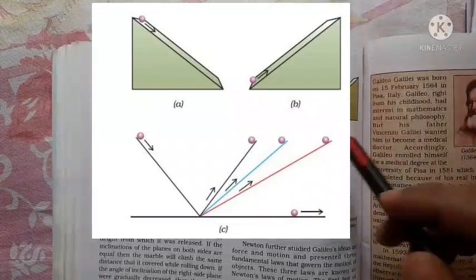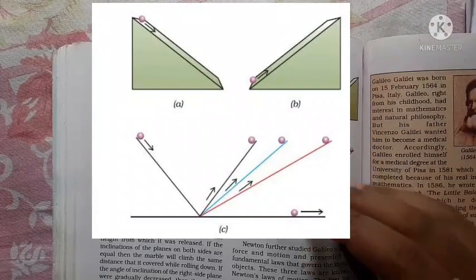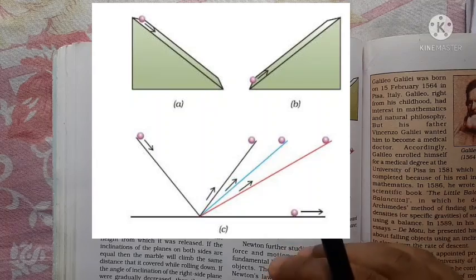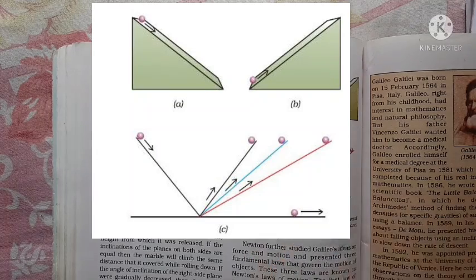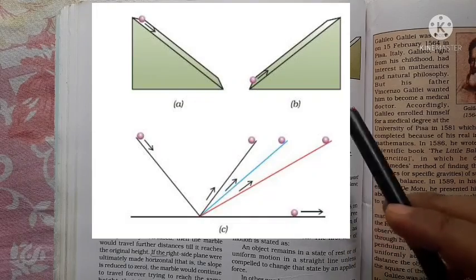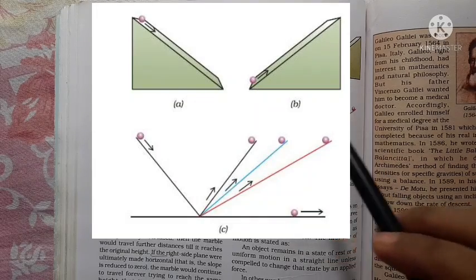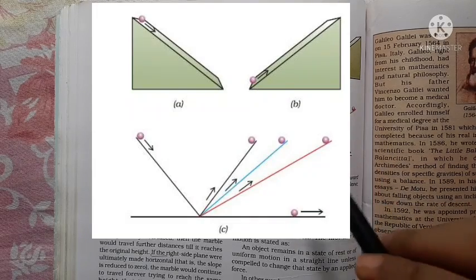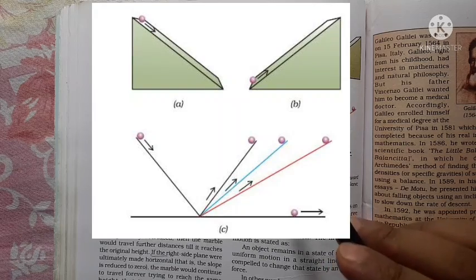For this experiment, we will need two inclined planes whose surface is very smooth, and a smooth marble. First, suppose the angle of inclination of both the planes is the same.